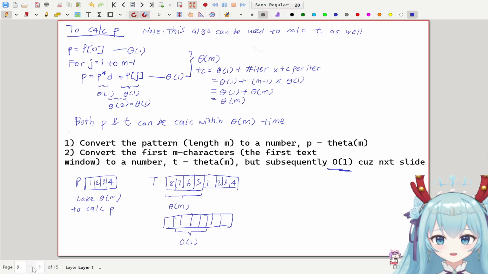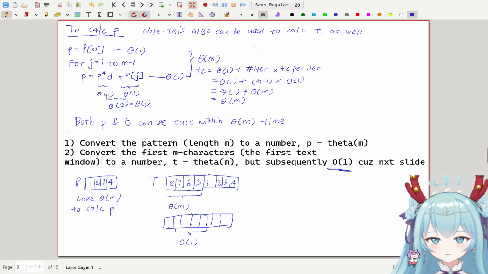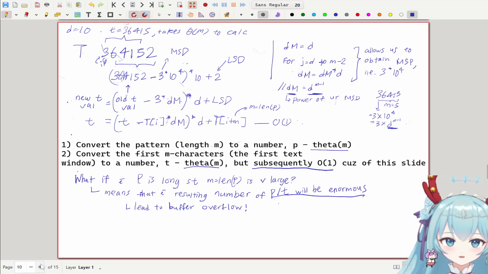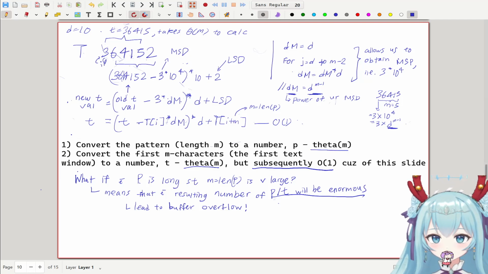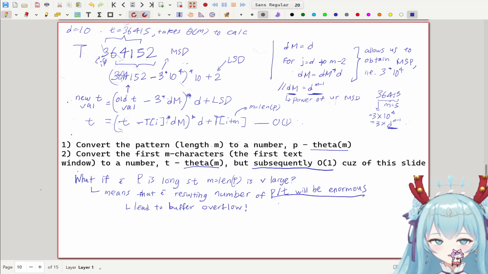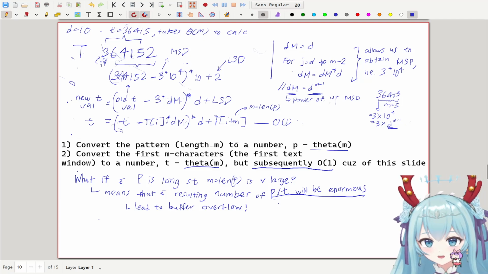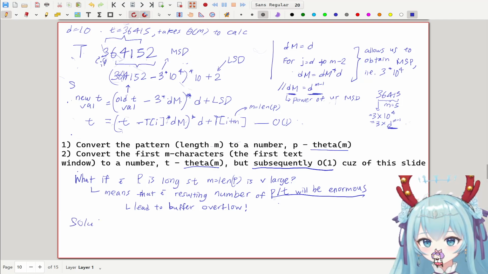And we can see in the code over here as well, if m is too large, then obviously our small p and small t will be very large as well, which is not what we want. So this makes us wonder, what is the solution in this case? This is the solution.